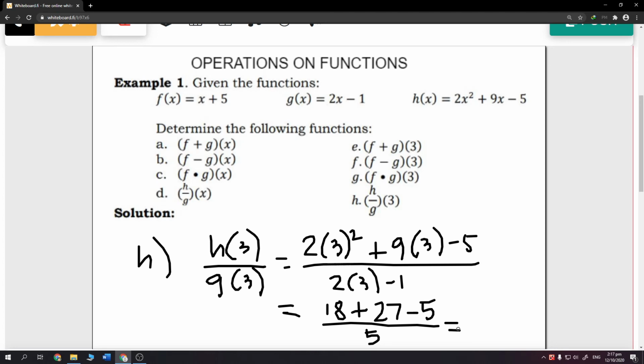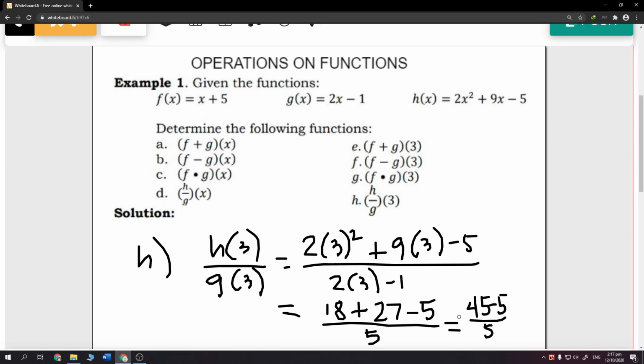Okay, so what is the sum? 18 plus 27, we have 45. Correct, 8 plus 7 is 15. Write 5. Carry 1. So 1 plus 1 is 2 plus 2, 4. So we have 45. So 45 minus 5 over 5.